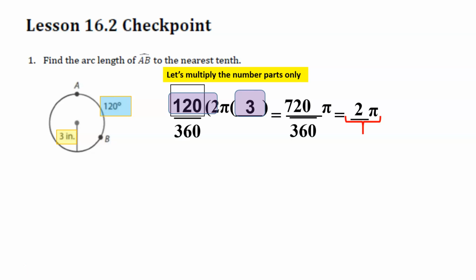You could also, like I said, multiply 2 times 3.14. So if you left it in terms of pi, it's not that it's wrong, but notice how they do want us to the nearest tenths place. So that would be about 6.28, which if I round to the nearest tenths place, would be 6.3.